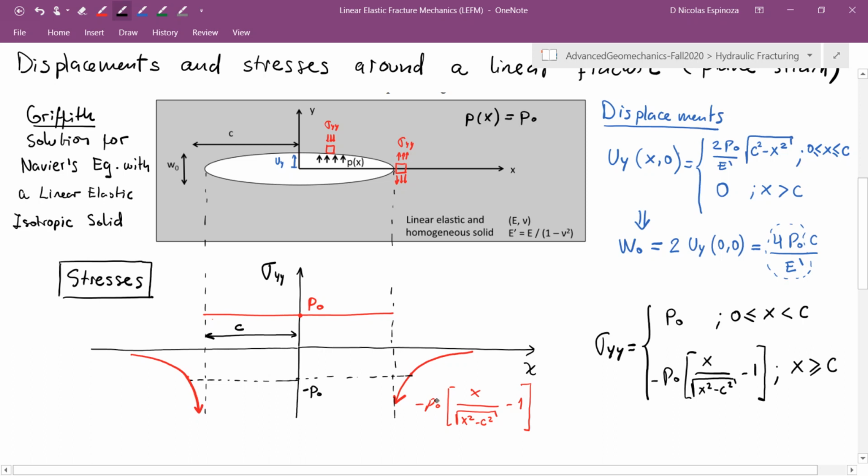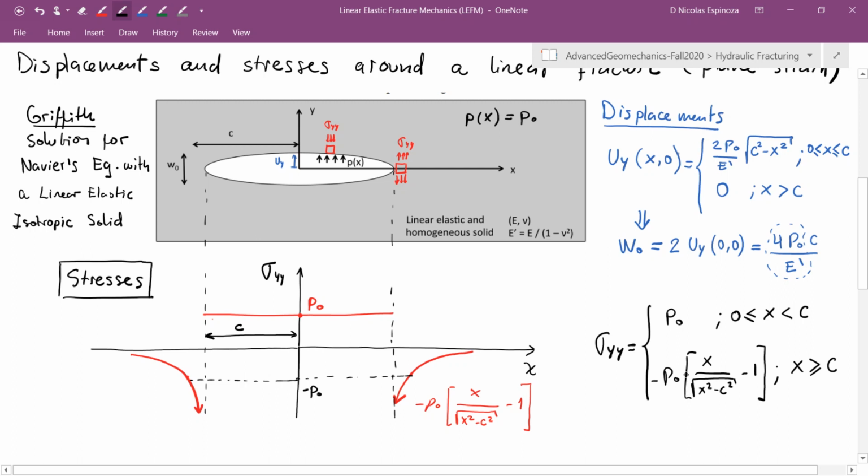And this is the issue and why we cannot use tensile strength criterion when predicting the propagation of a fracture. Because if I use a linear elastic solution, the stress that I get, whatever the pressure is, is going to be infinity.